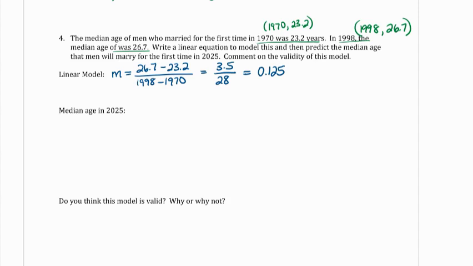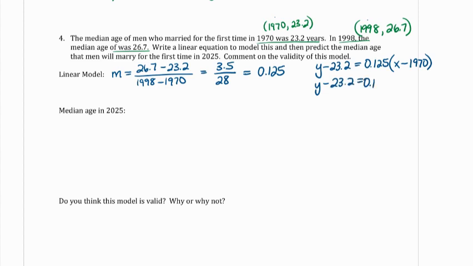Okay, once I've got my slope, this time I don't know the y-intercept because neither of my x values are 0. So I'm going to use my point slope form like we did before. So y minus, I'm going to pick one of my 2 points. It doesn't matter which one I pick. I'm just going to pick the first one. So my y value was 23.2 equals my slope, 0.125, times x minus the point that goes with my 23.2, which is 1970. Okay, so then I'm going to distribute my slope.